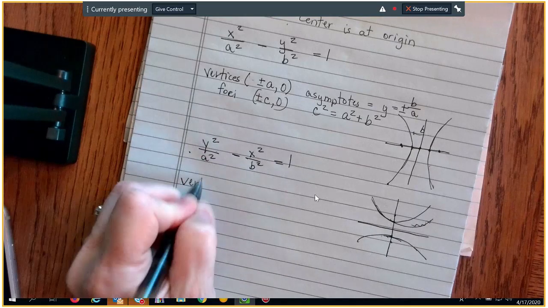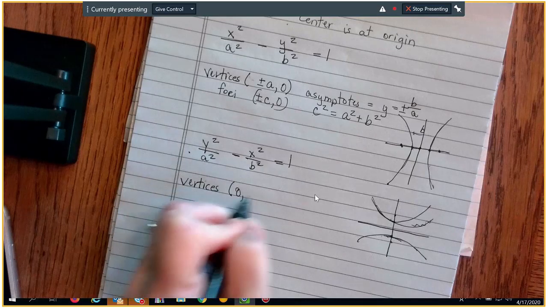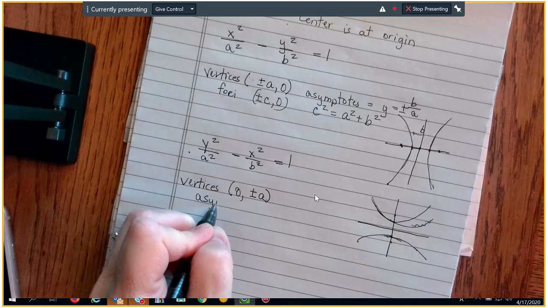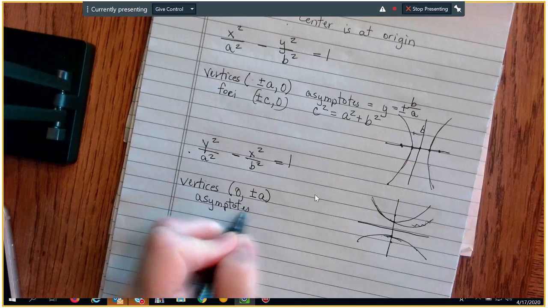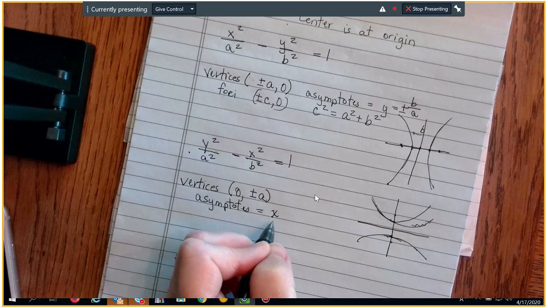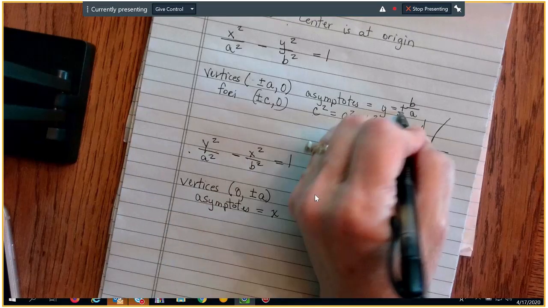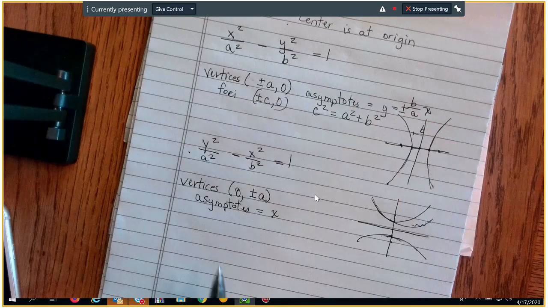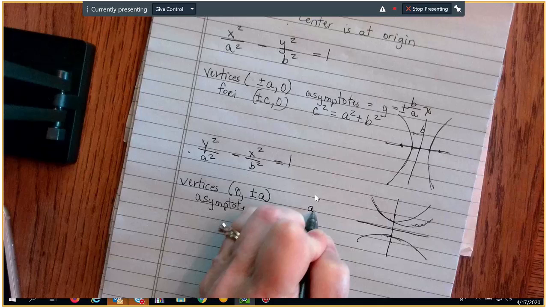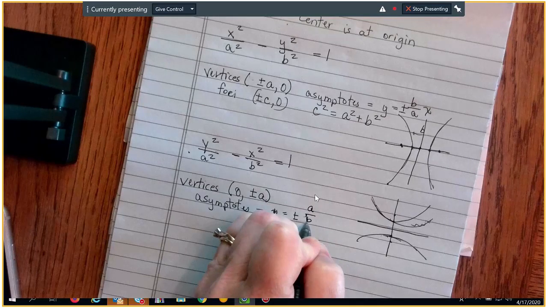The vertices are going to be located at 0 plus or minus a, and then the asymptotes are going to be y equals plus or minus a over b times x here.